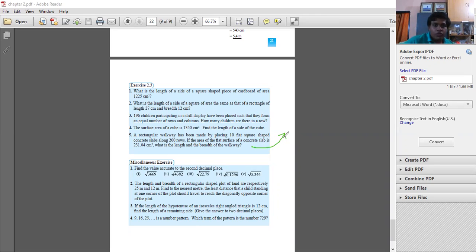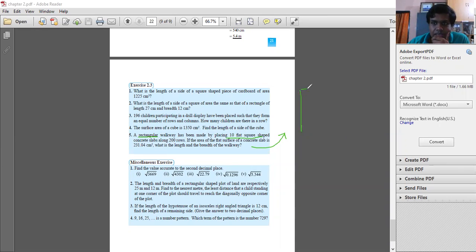A rectangular walkway has been made by placing 10 flat square shaped concrete slabs along 200 rows. Okay, this is not a square, it is a rectangle.